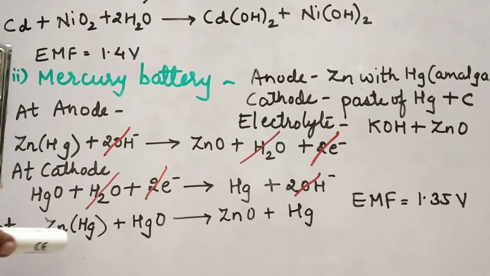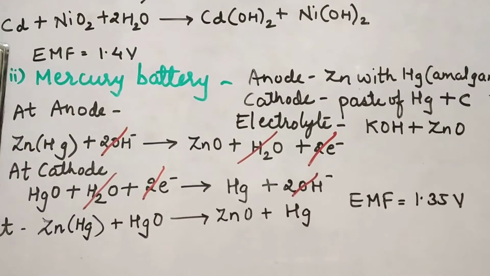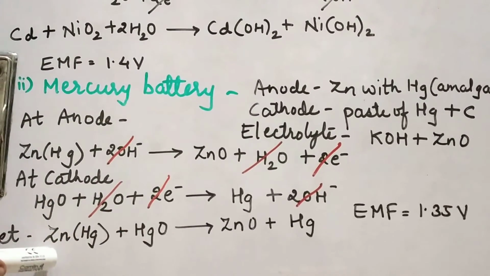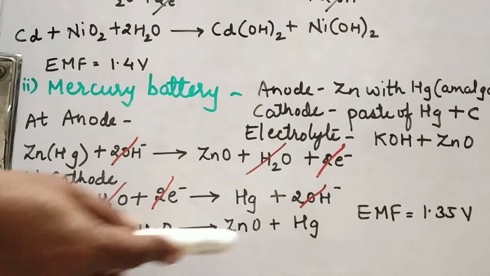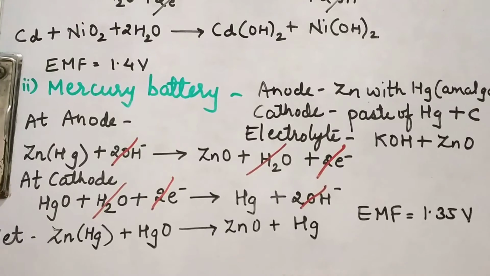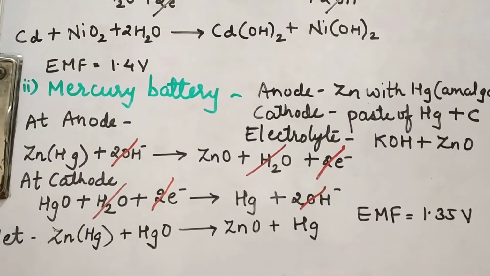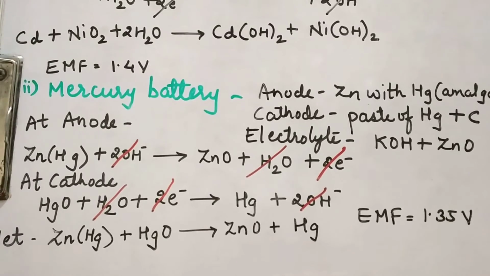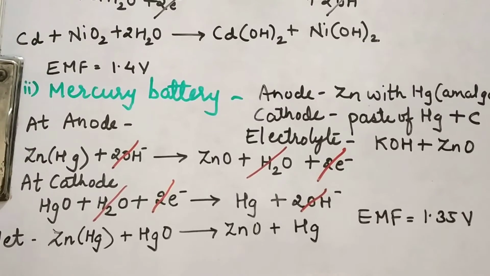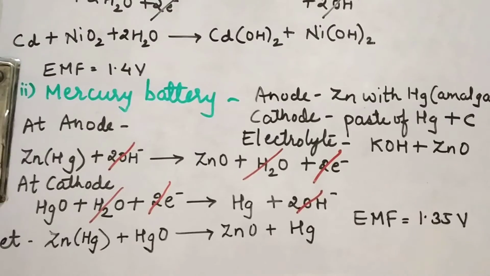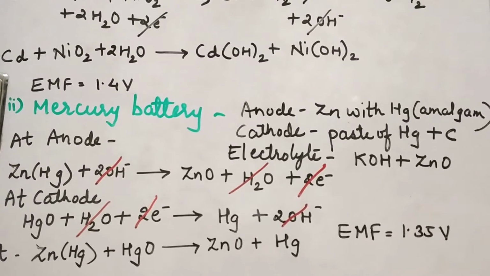The substances which you get at the end are all in solid state. The physical state of all these substances is solid. ZnO is a paste, so it is semi-solid. Because of that, as this is a solid substance, you will find that the voltage produced by the mercury battery is a constant voltage. It does not fluctuate. It gives a constant voltage, which is a very advantageous part about the mercury battery.